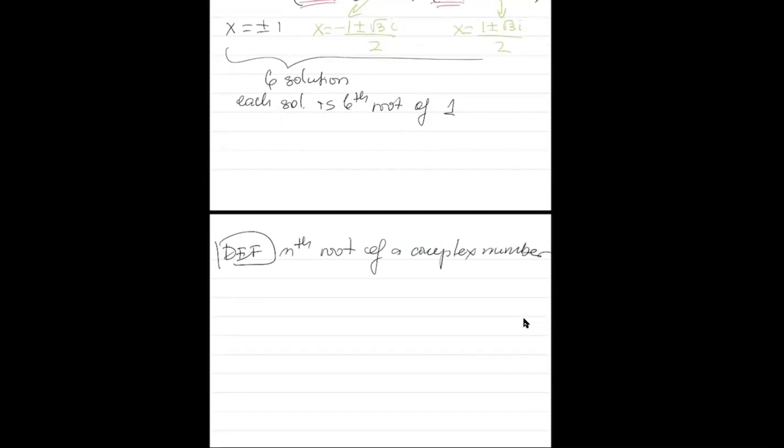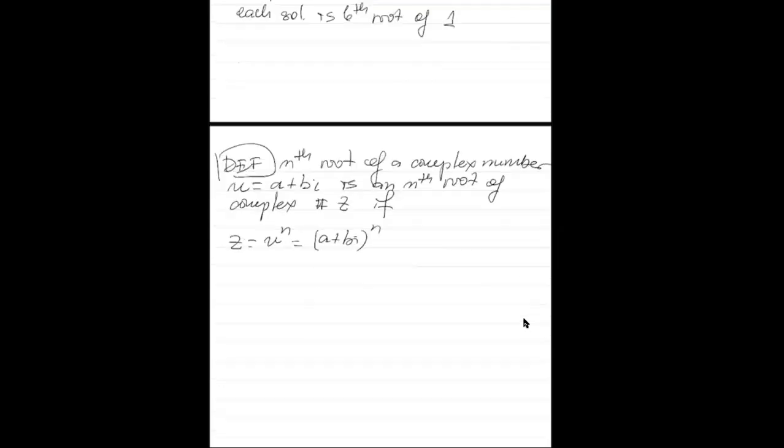If I have some number u equals a plus bi, which is a complex number, it is an nth root of complex number z if z is equal to u to the power n, equals (a plus bi) to the power n. So we say u is the nth root of z.